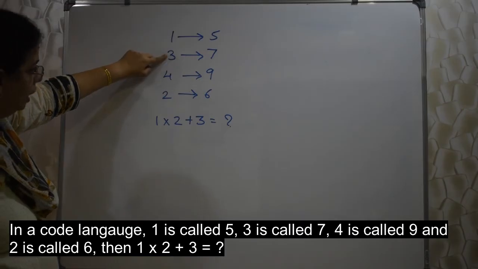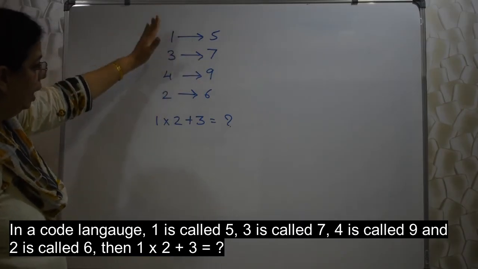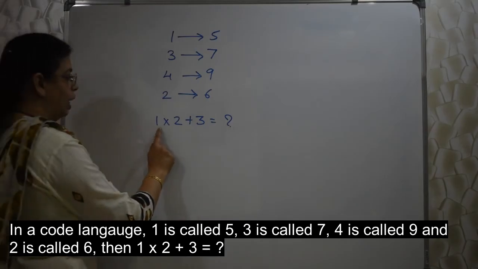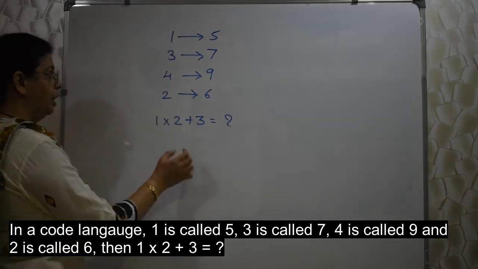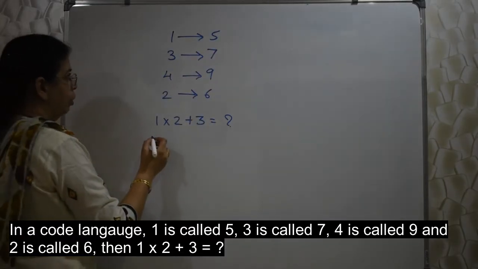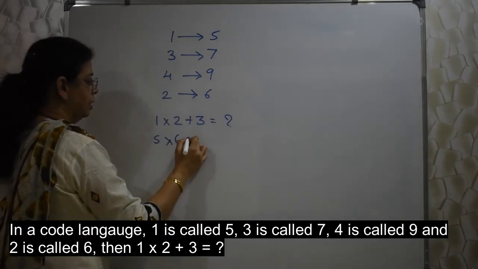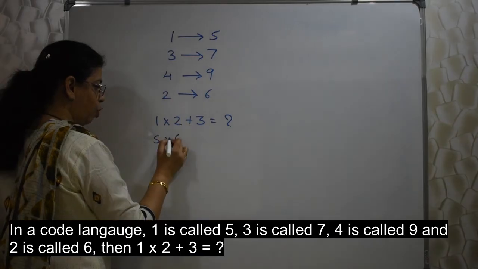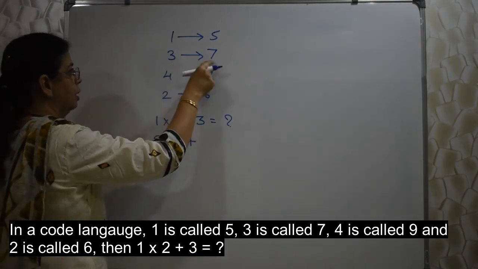If there is 3, then we must erase that and put 7, like that. So they want us to calculate this, but this is actual. So first convert that into their code language or code values. 1 को क्या बोलते हैं वो? 5. 2 को 6. This should remain the same. Operations in 2 plus जो कुछ भी है you copy as it is. 3 is 7.